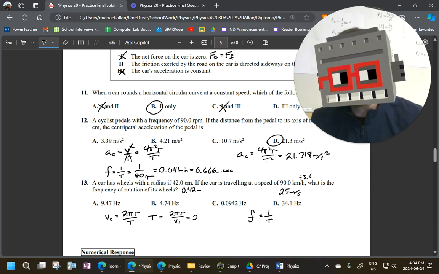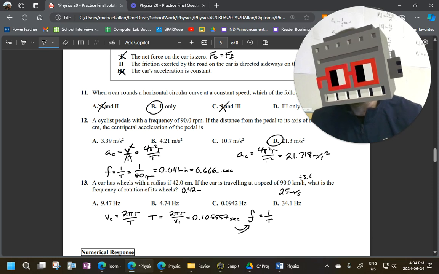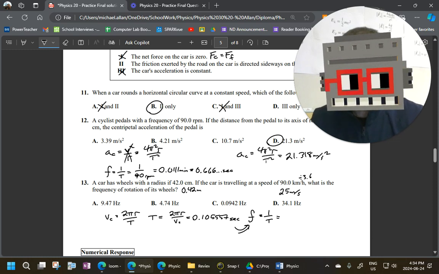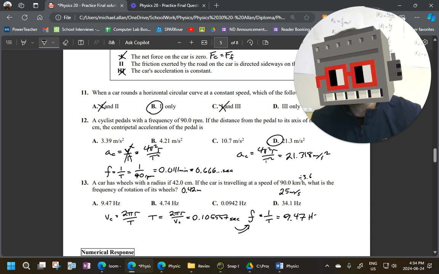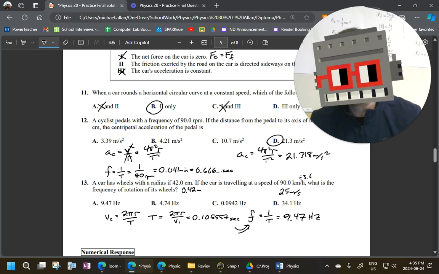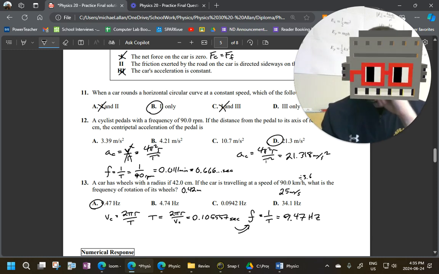So I get 0.105557 seconds. I'm going to go over here and go 1 over this answer. So we get 9.47 hertz. Perfect. There we go.